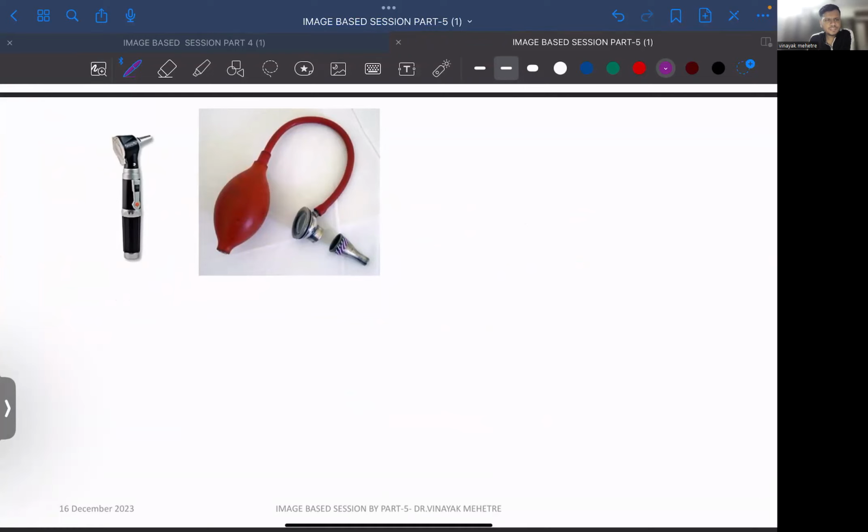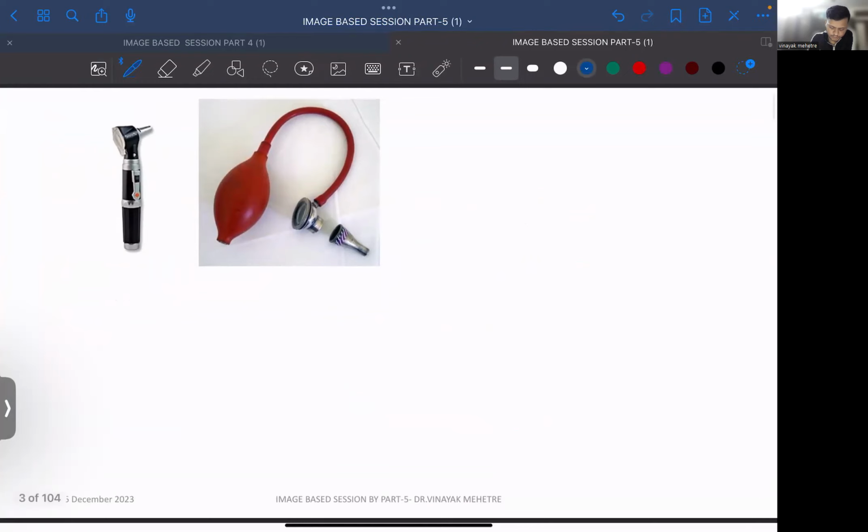Then we have instruments to examine the ear. The first one is the otoscope.